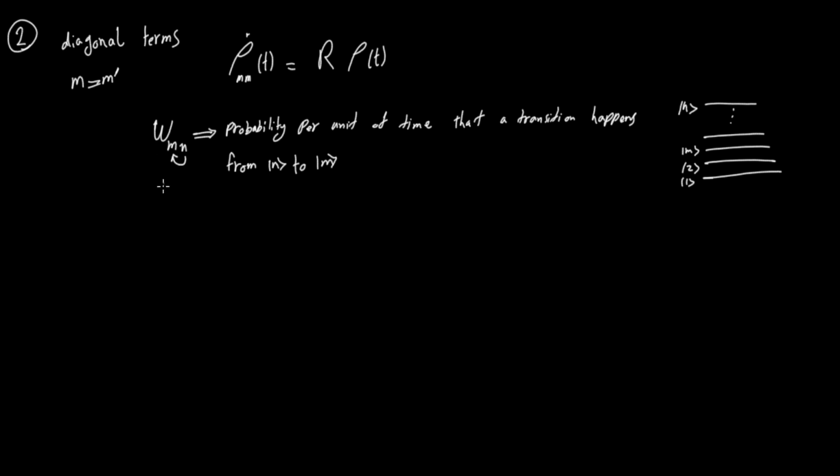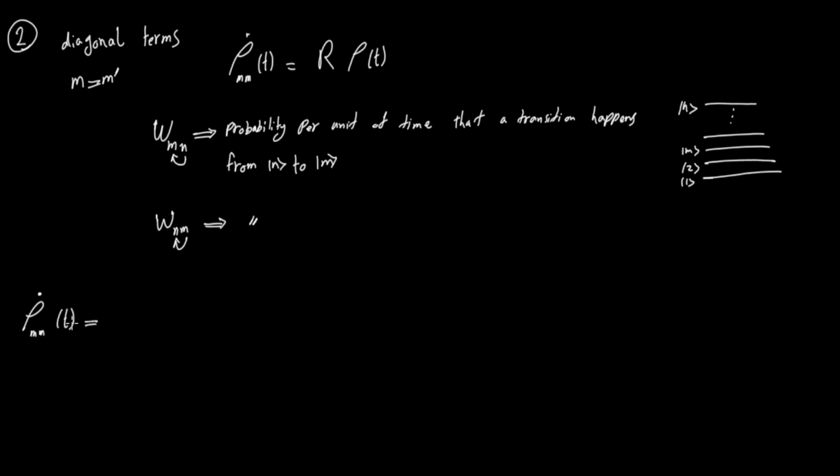And by the way, we have a counterpart for this one, which would be W_mn, which would be the transition rate from m to n, right? So I'm not going to repeat all the above, just a repetition sign here.